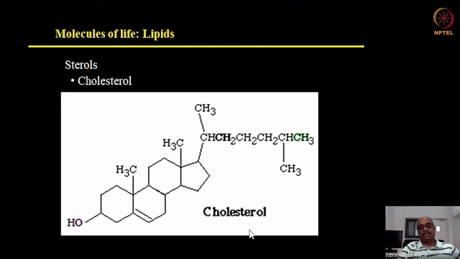So they are derivatives of cholesterol. That is all we are going to learn about sterols right now. So sterols are made up of four rings formed in this manner, and they may have derivatives, and the basic one is cholesterol.